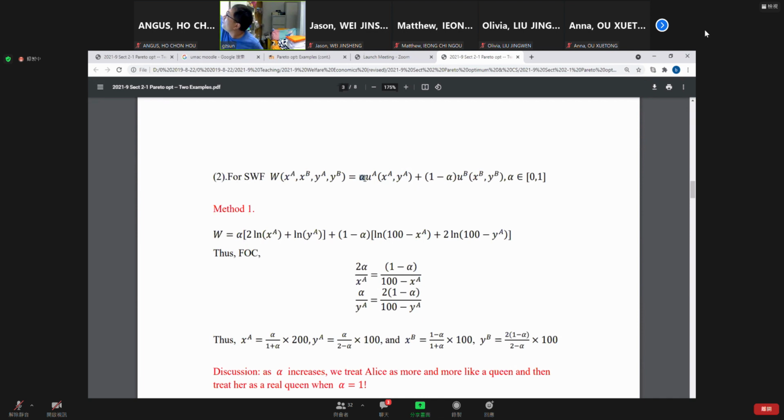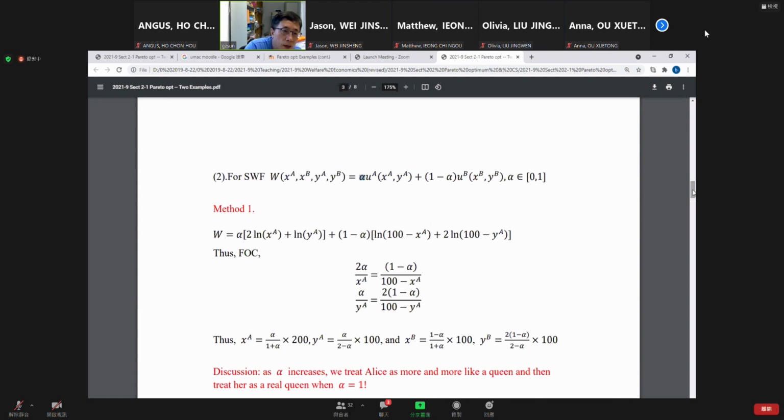When alpha increases from 0 to 1, that means we are increasingly caring about Alice and less caring about Bob. This is kind of intuition. Therefore, the solution should reflect such a political philosophy behind the social function.